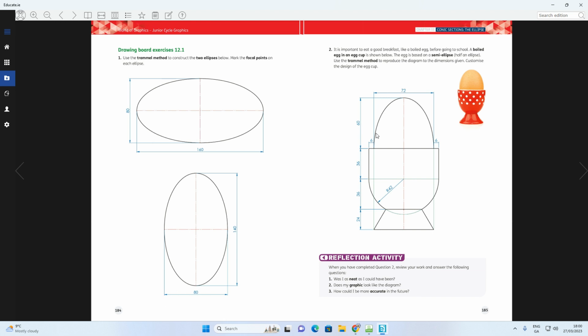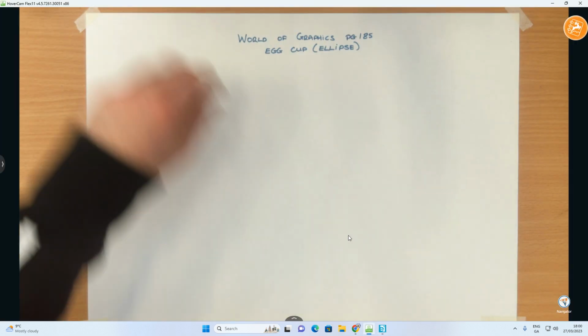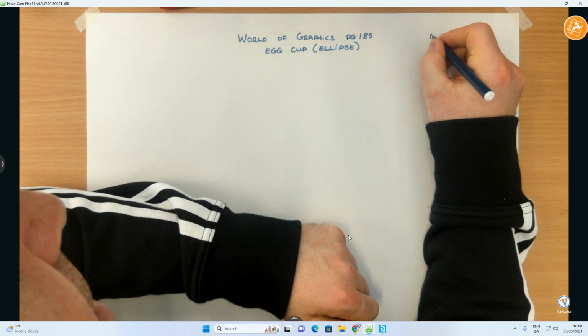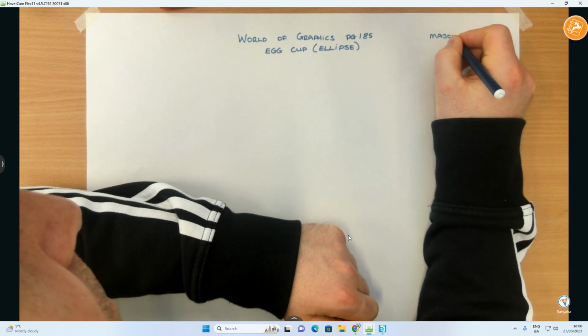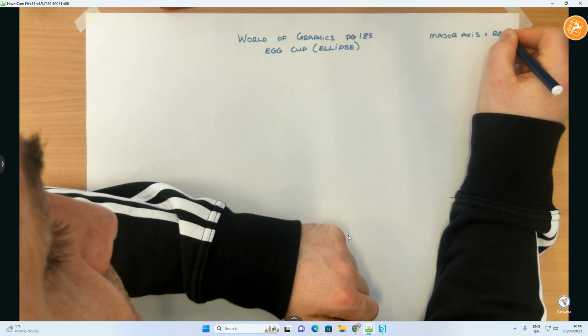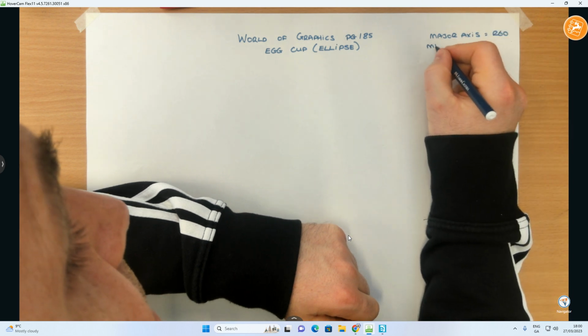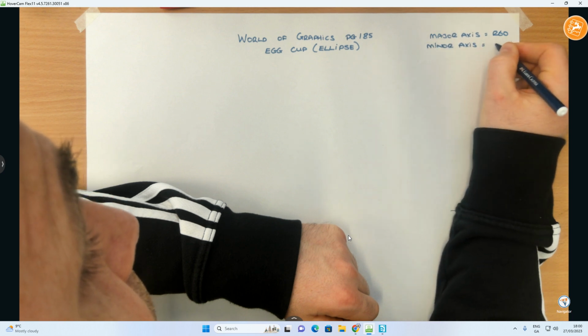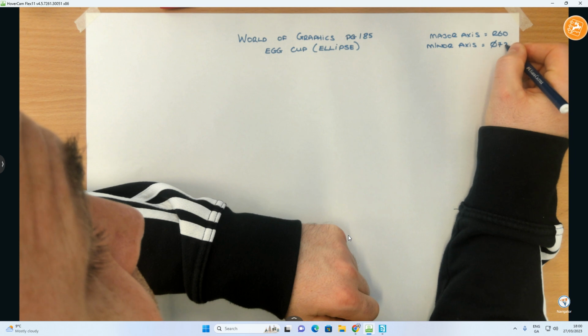You can see here the length of our minor axis is 72, and then the length of half our major axis is 60. So that's the information we're going to take down. I would always note these. My major axis is R60. My minor axis is a diameter of 72.